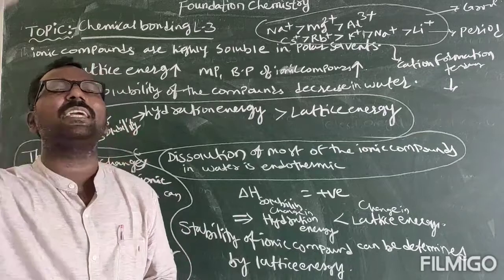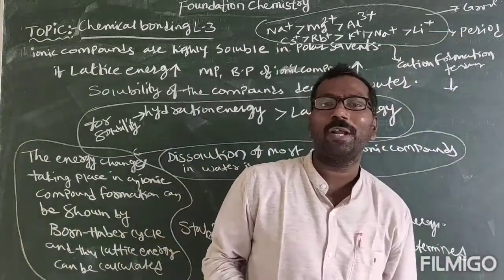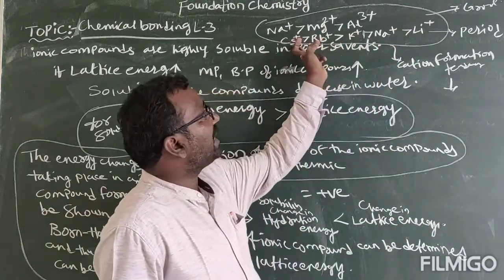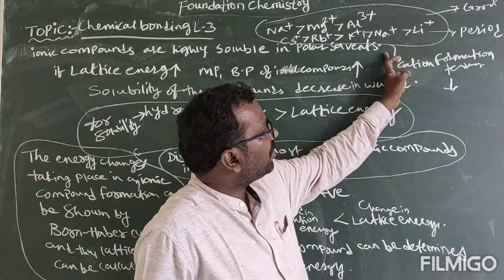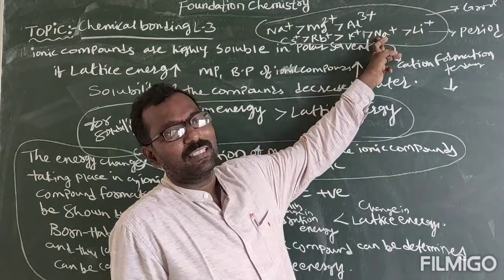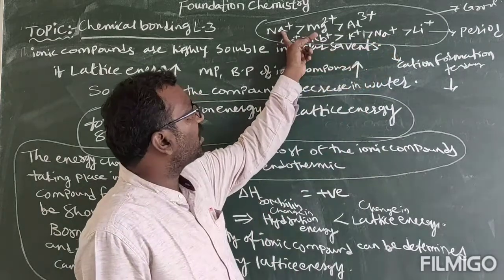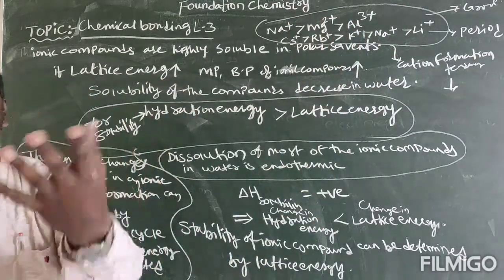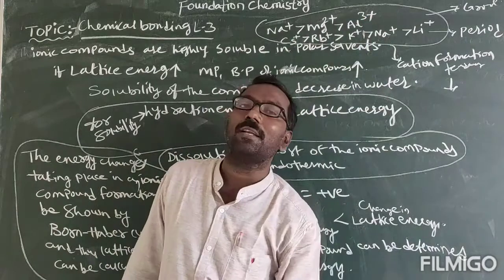It can lose an electron very easily when compared to lithium. More energy is required here, but less energy is required there. In cation formation tendency, out of sodium, magnesium and aluminium, sodium can lose one electron very easily when compared to Mg2+ and Al3+ ions.